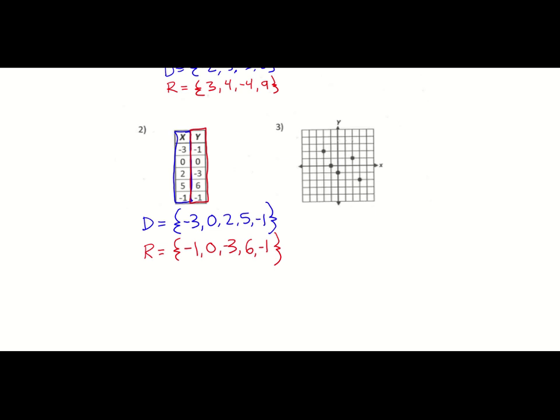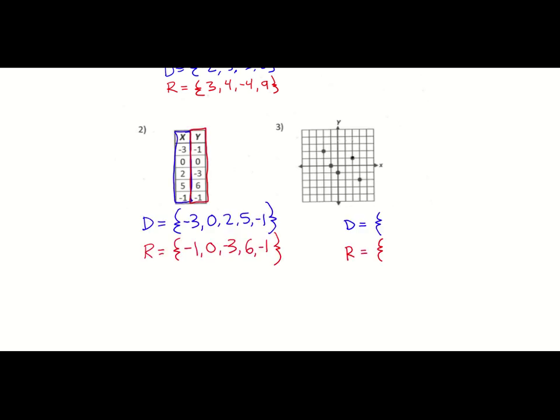Now here for number 3, I still need to find the same pieces of information. I want to know what all of my x values are and what all of my y values are. So I can do that either by looking at my points here, or I could rewrite my points on the side.